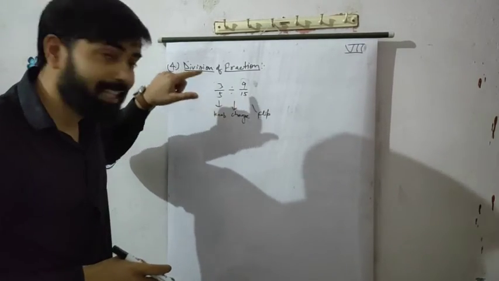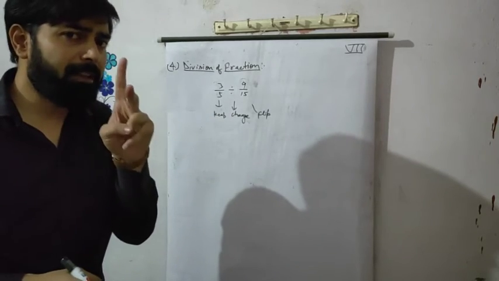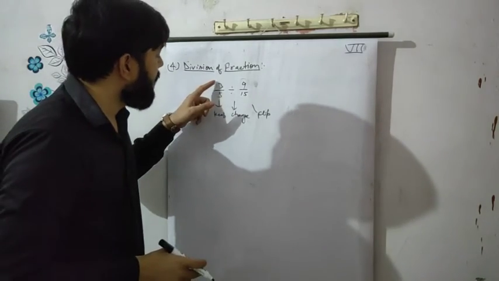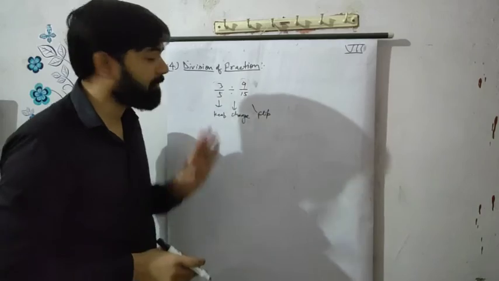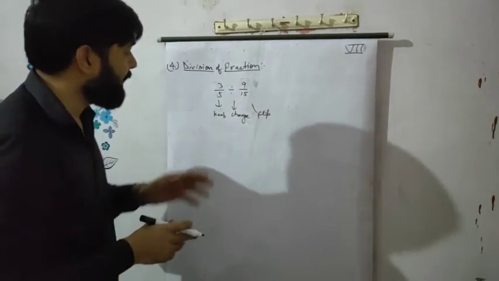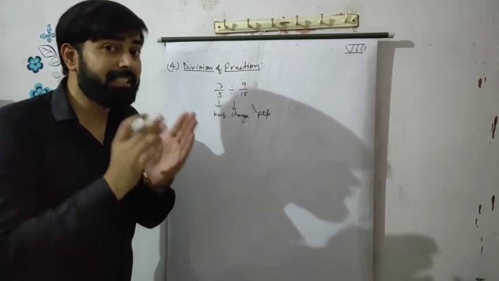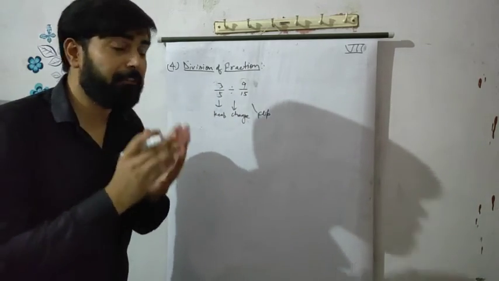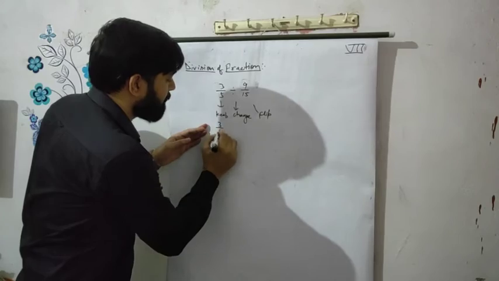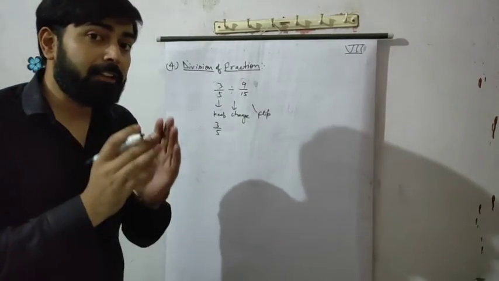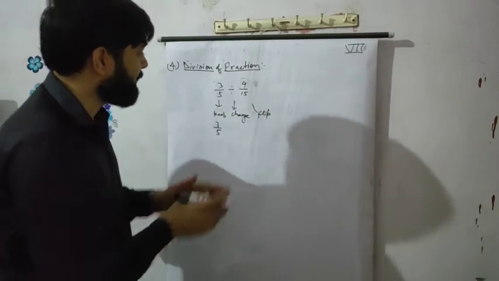This is the first fraction. In division we always have two fractions: 3 upon 5 is the first fraction and 9 upon 15 is the second fraction. We keep the first fraction the same, so 3 upon 5 will be the same.